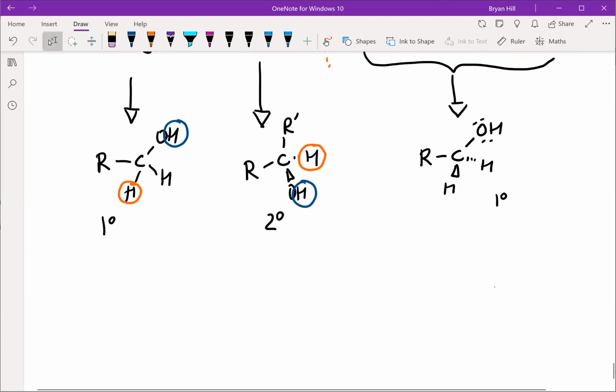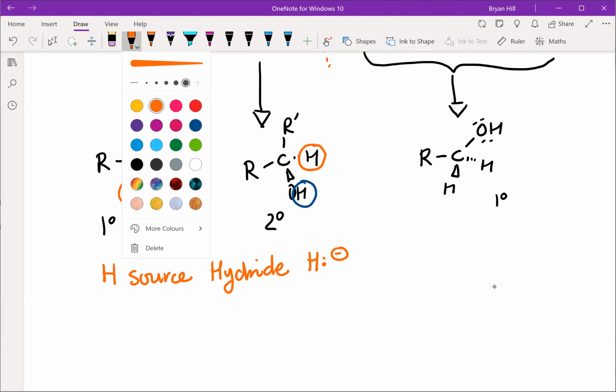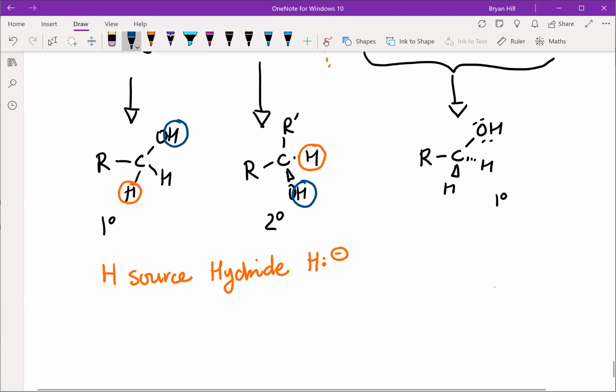And for these reductions, the hydrogen in orange, the source is going to be a hydride. So that's H negative. And the hydrogen in blue, the source is going to be H plus, so hydronium ion.